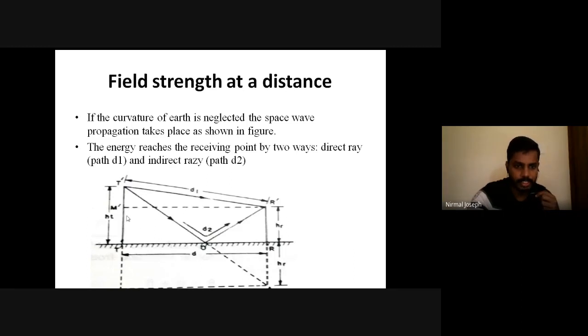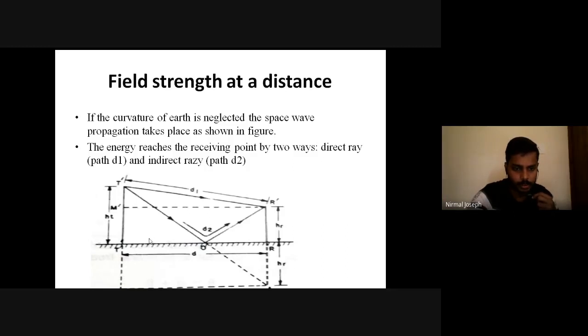Then what will be B T dash? Here this is HR. That much we have taken downwards. So this TB and RA are both the same, nothing but HR.